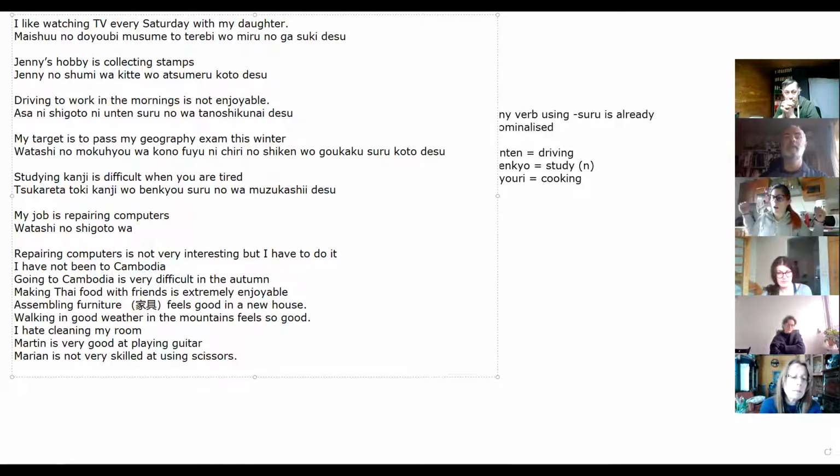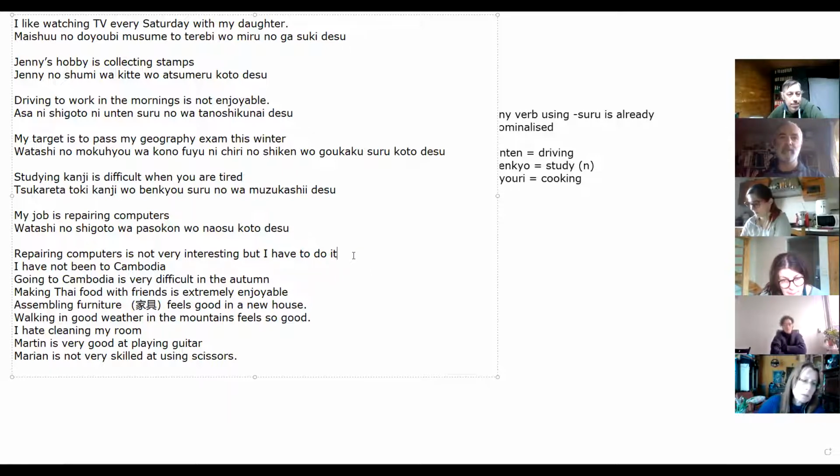Good. Pasokon. Computer. Pasokon o. Naosu koto desu. Very good. Perfect. Well done. Next, repairing computers is not very interesting, but I have to do it.